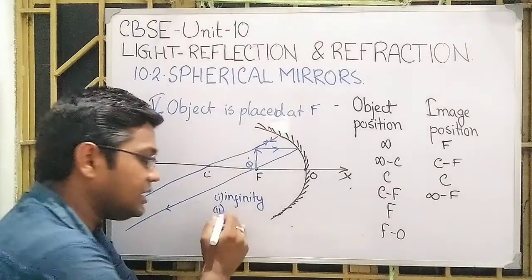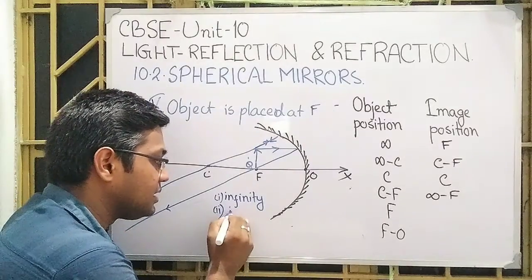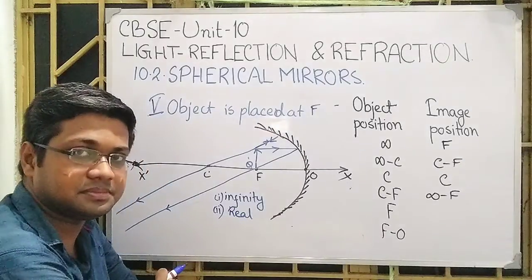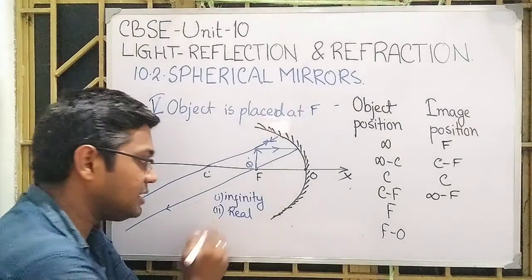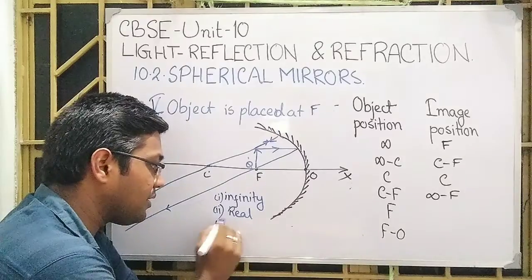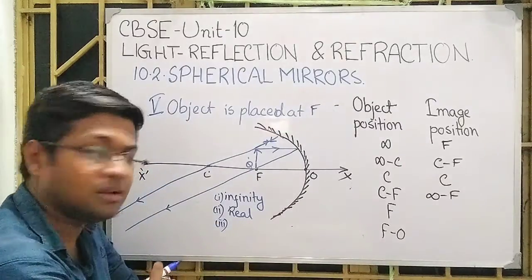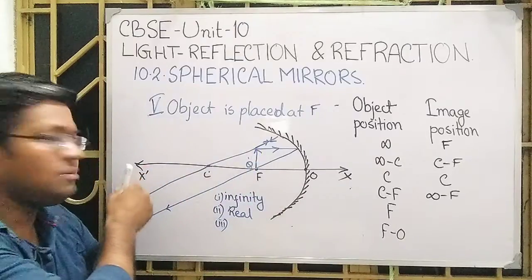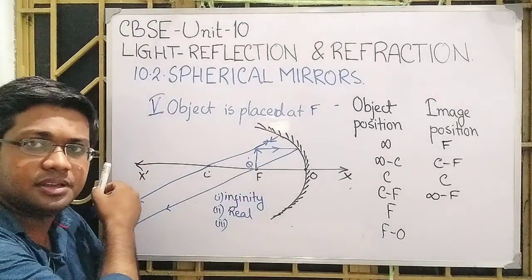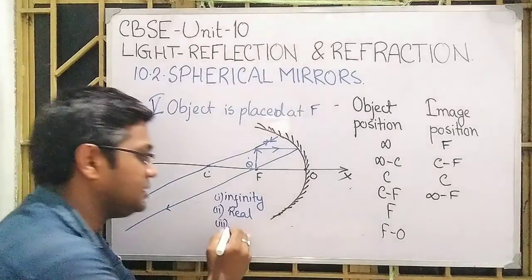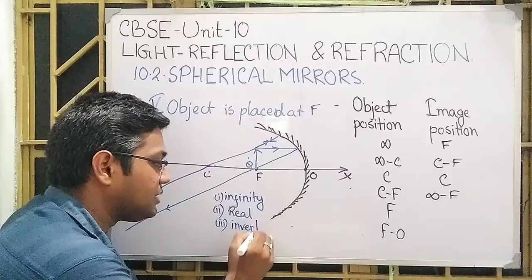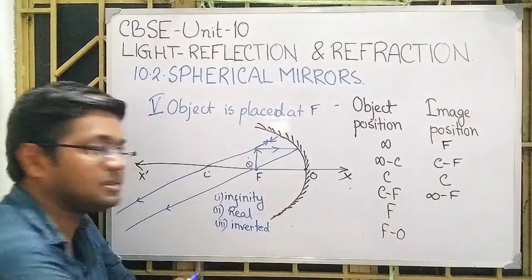So we can say the image is real. The next is, is it inverted? Obviously, because the object is like this, but the image will be formed in this way somewhere at infinity, but it will be inverted. It will be on the downside of the principal axis.